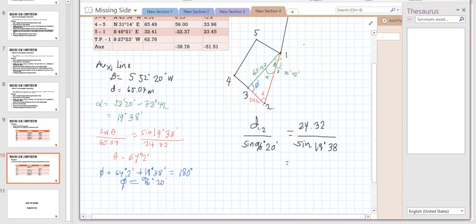So distance 1 to 2 is 24.32 divided by sine of 19 degrees 38 minutes times sine of 96 degrees 20 minutes. That is equal to 71.94 meters. So that is distance 1 to 2.